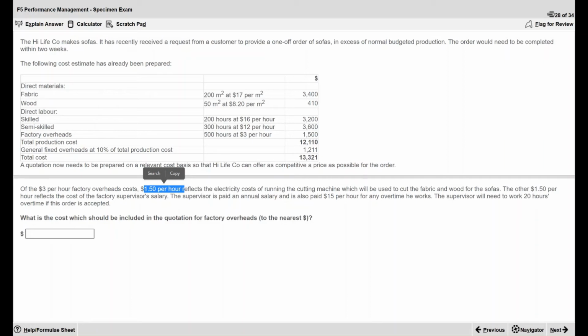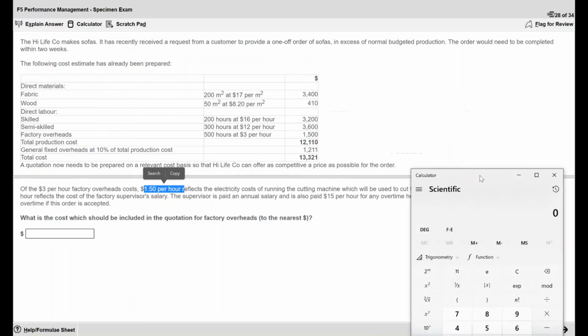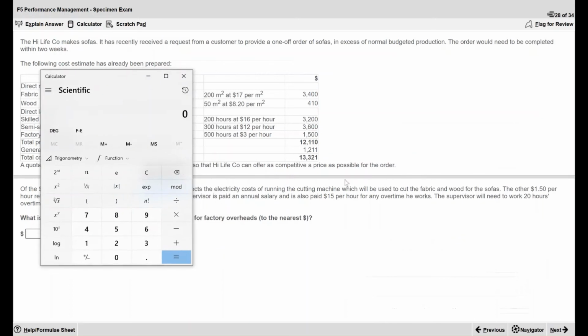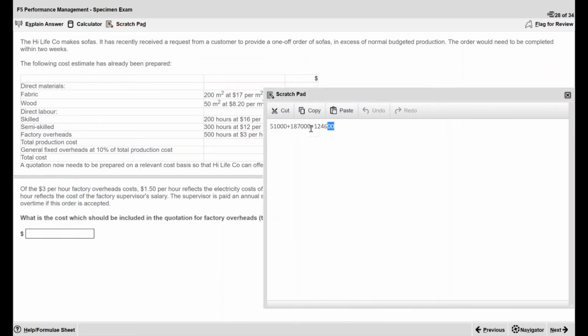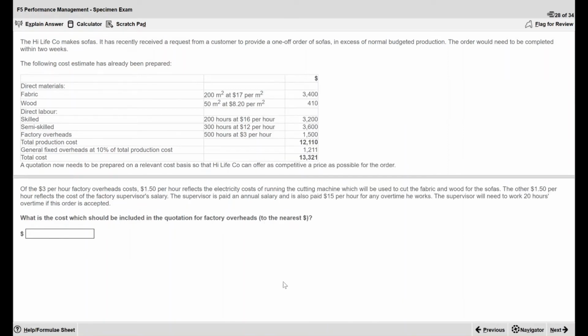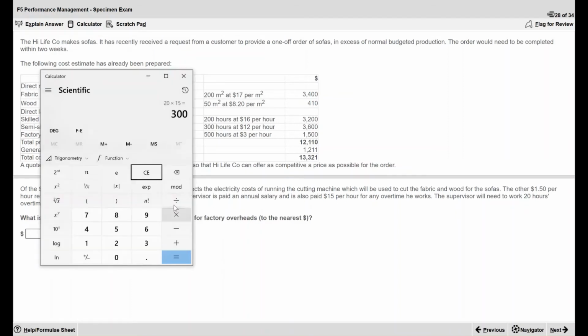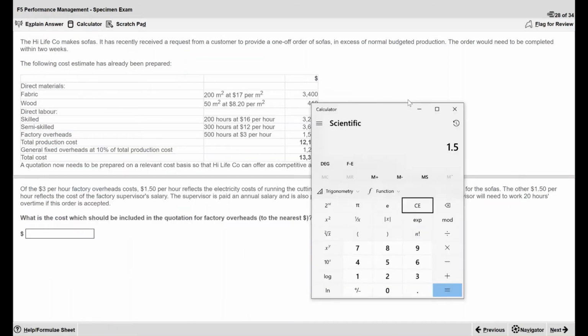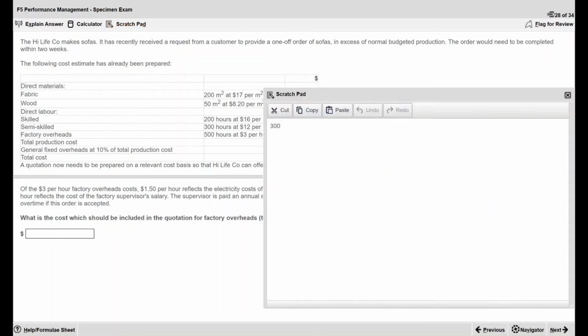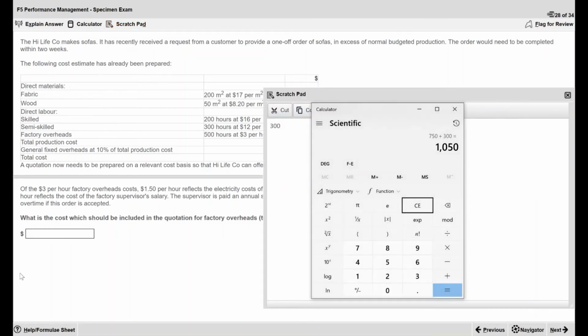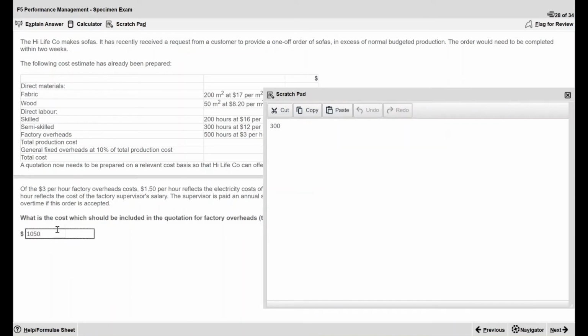So this 20 hours is relevant, but the normal salary is irrelevant. So 15 per hour for any overtime. So 20 multiplied by 15, that would become 300, which is relevant, plus the 1.5 per hour multiplied by 500 hours, 750 plus 300, yes, 300, becomes 1050.